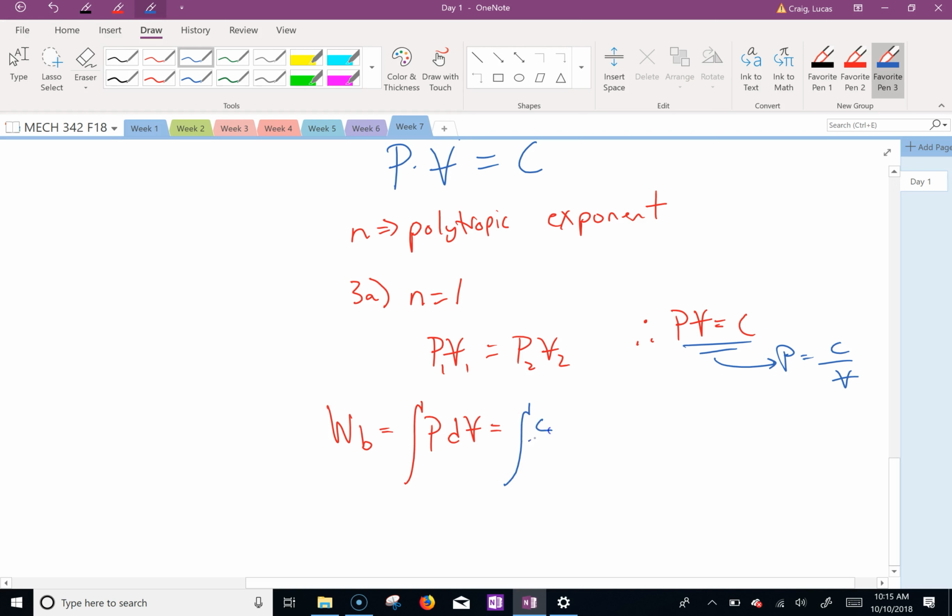So this becomes C over V times dV, and what's the integral? Well, C is a constant, right? So that can come out of the integral. What's the integral of dV over V? Remember that? What was it? ln, yep.